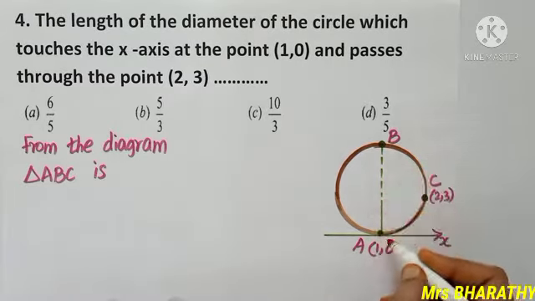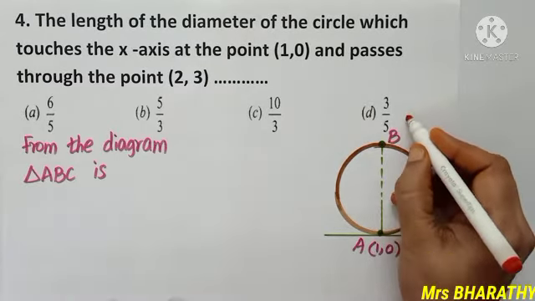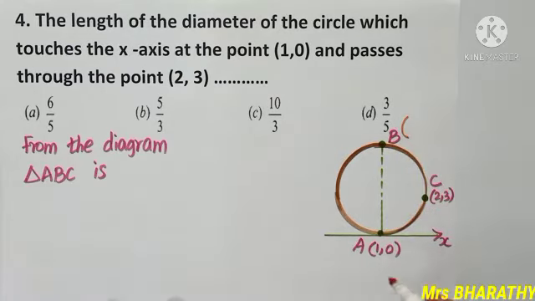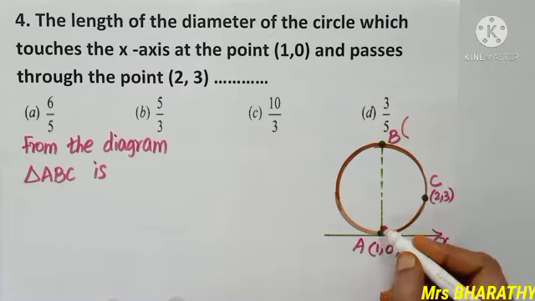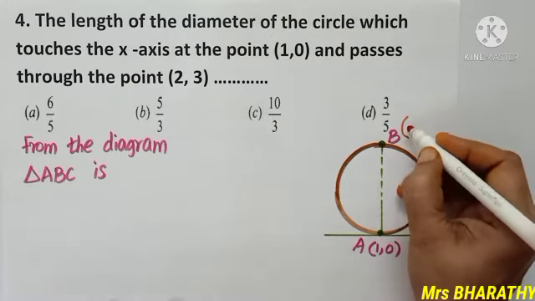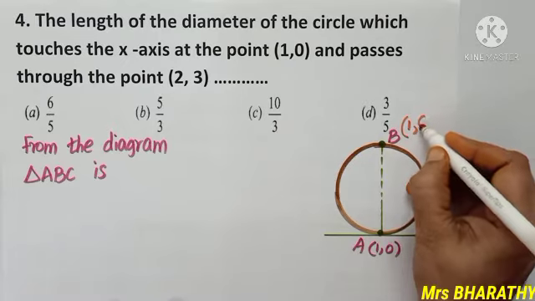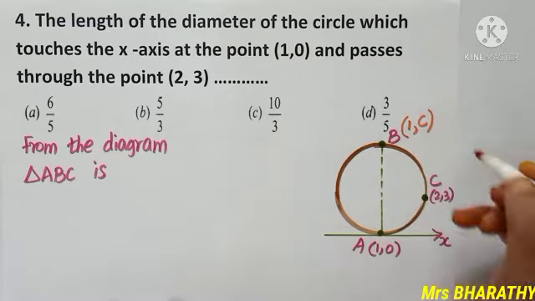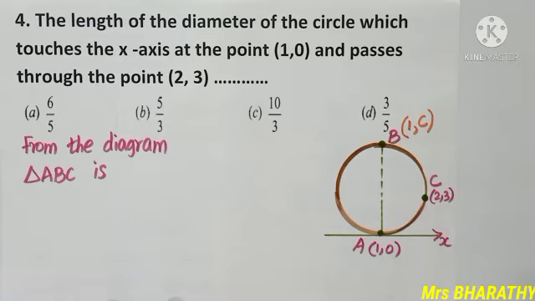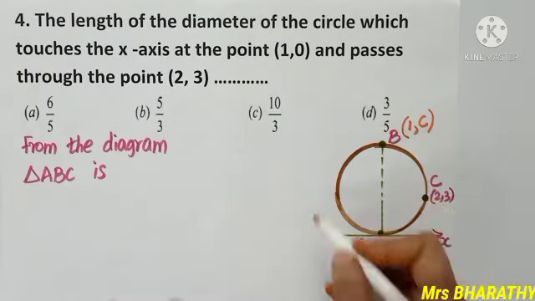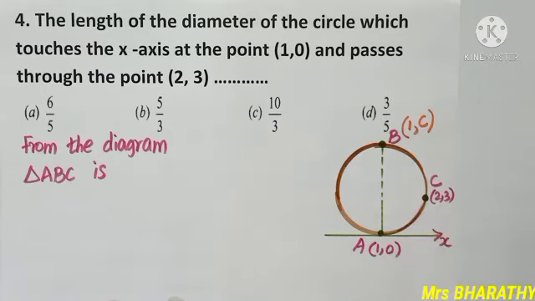Vertically above, let me mark B so that it will be the diameter. (1, 0) tells me when I mark vertically above, it must be 1, say some other point which I don't know, so mark it as C. And (2, 3) is on the circle. Anywhere I can mark. So let me mark here.